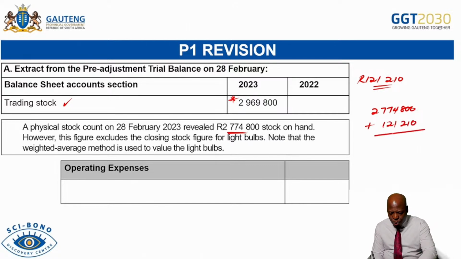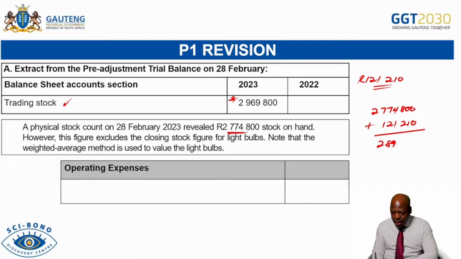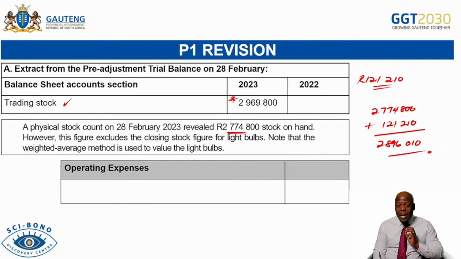So if I add these two amounts, that means I now have 2,896,010. This is the stock that we now have on hand, which is less than the stock that we have according to our records. So in this case, we have a trading stock deficit.